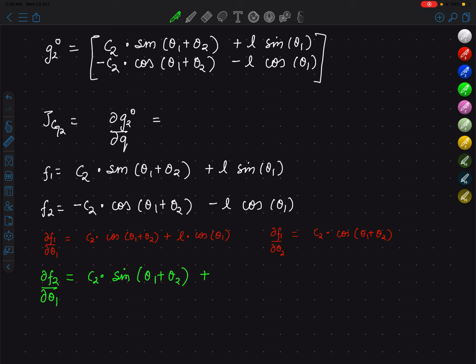Again there is a minus sign, so it will become plus L sine theta 1. Alright, what is del F2 by del theta 2? It is only C2 dot sine theta 1 plus theta 2.